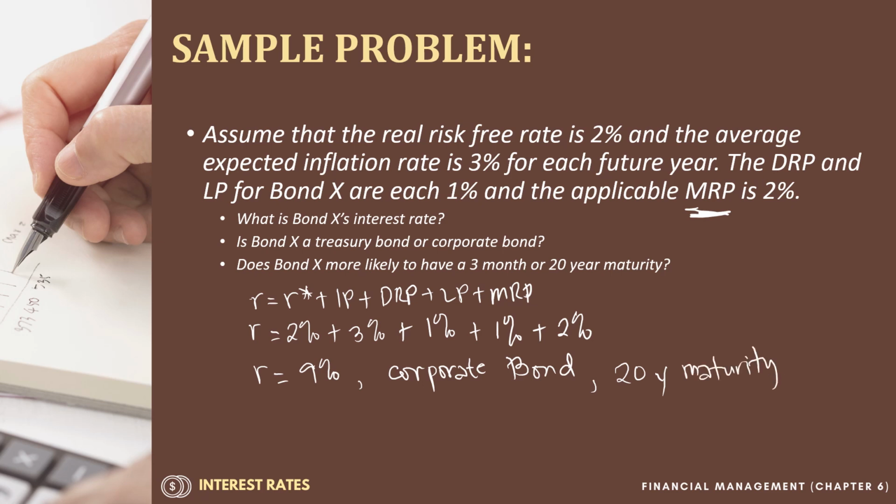Because the maturity premium is only added when the security or the bond is for a long-term maturity. Okay? So let's see the answer. Okay? 9% interest rate, it is a corporate bond, and it is more likely to have a 20-year maturity.